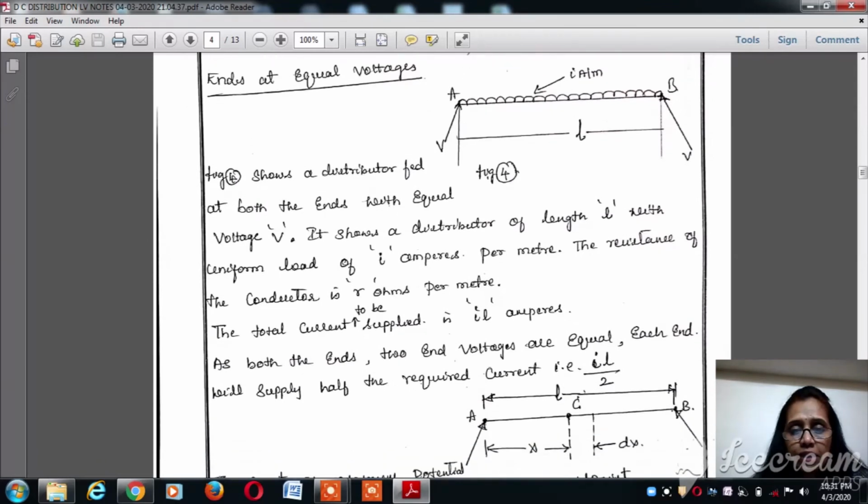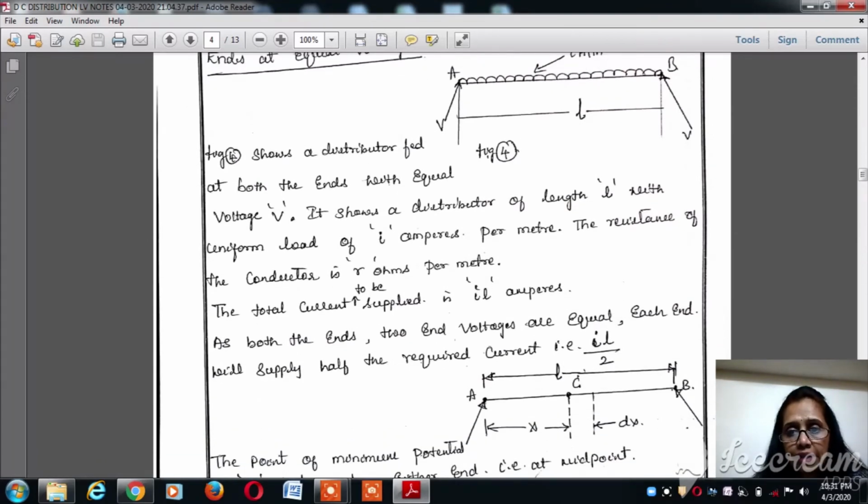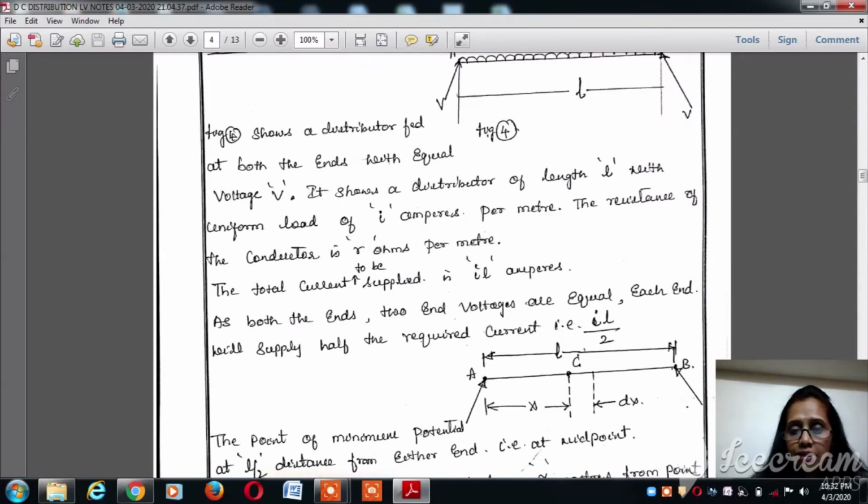With this we can simplify the diagram, and we need to consider the point of minimum potential. Let's consider an elementary section dx at a distance x from the point A. The total current to be supplied is I into L amperes because it is a uniformly distributed load. As the two end voltages are equal, each end will supply half of the current.